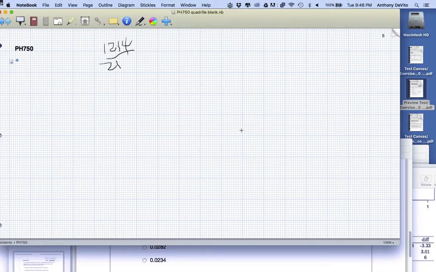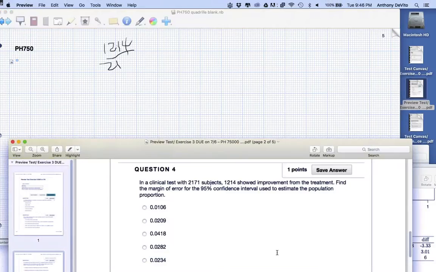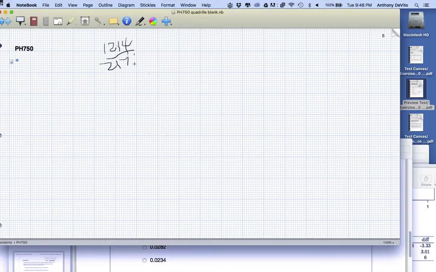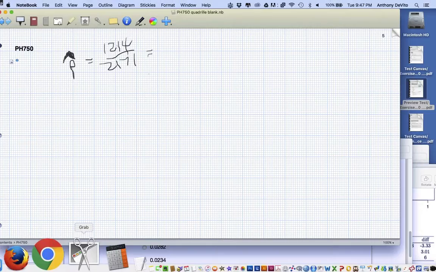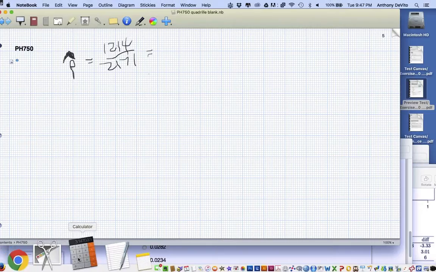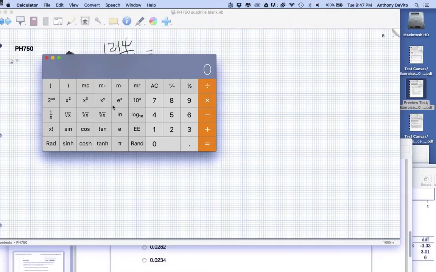The proportion of people in this study, now it's not everybody, it's people in a study, so that's p-hat, right? It's not everybody in the world that would be taking this drug in the future. It's an actual proportion in a study. Now, 1,214 out of 2,171 showed an improvement. Let's see what that proportion is equal to.